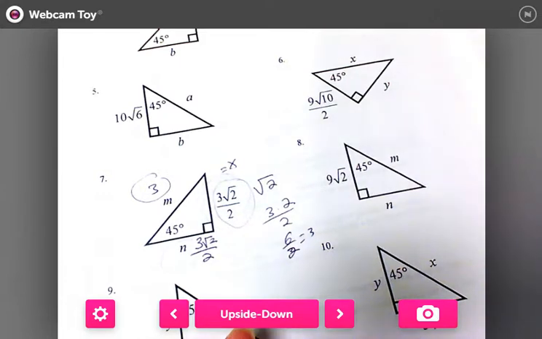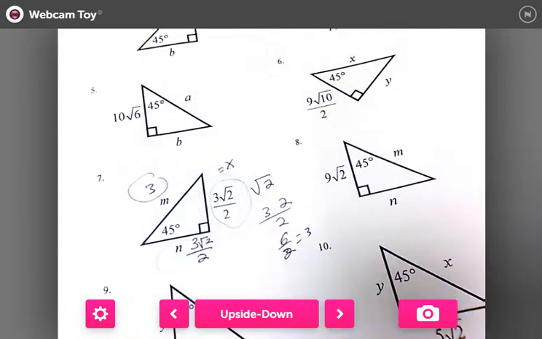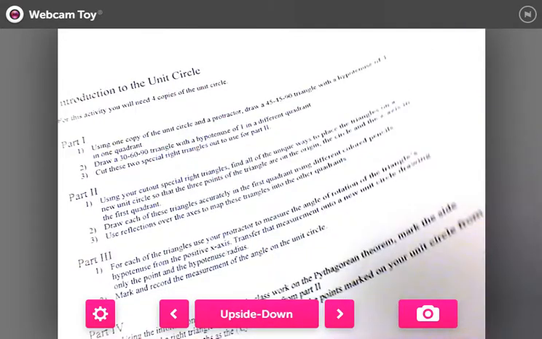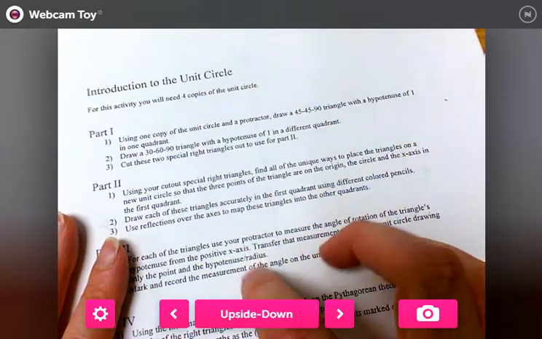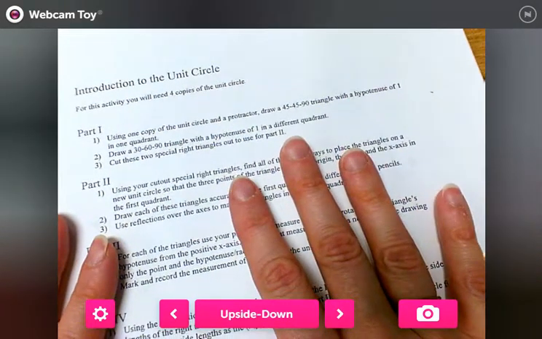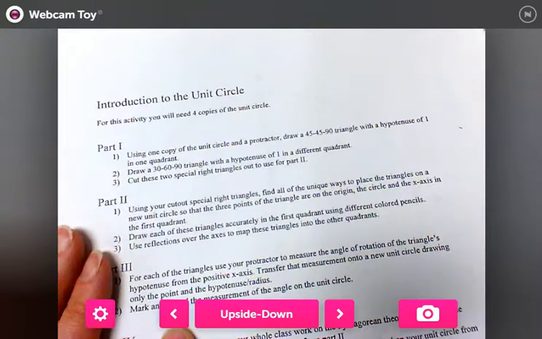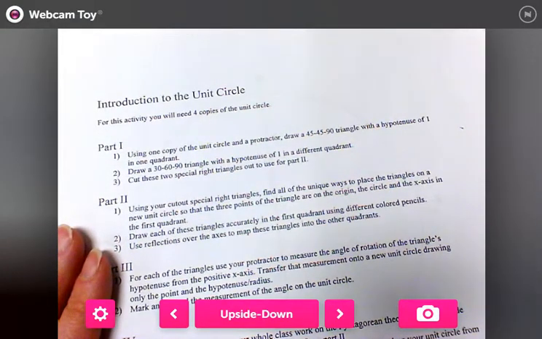All right. We're going to stop this and we're going to transition to our notes for today. I'm taking this away. You should have this packet in front of you. You're going to need this for today and tomorrow. Okay. Let's read all the directions first, and then we'll actually do it.